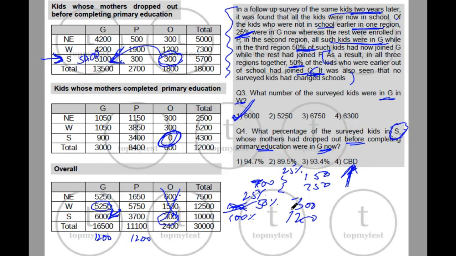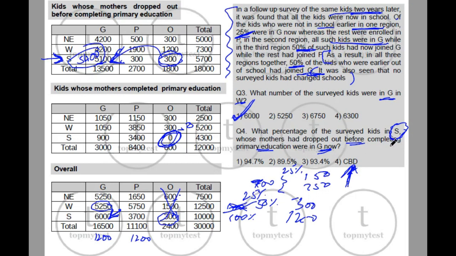In this case, when you have 750, we don't know, this can be 50 and the balance 700, or this can be 100 and this 650, or this can be 200 and this 550. But with the S region, there is nobody in the others where the mothers have completed primary education. So all the 300 movement will have to come from this part only. So from 5100, it has now become 5400.